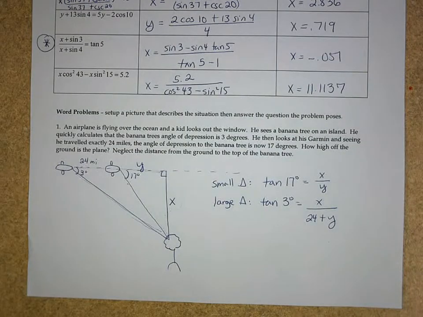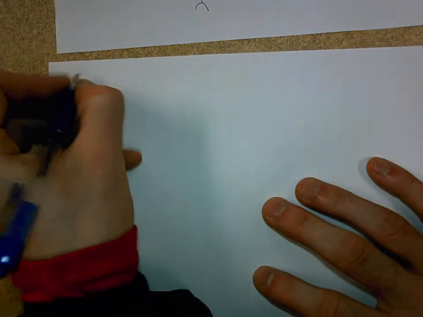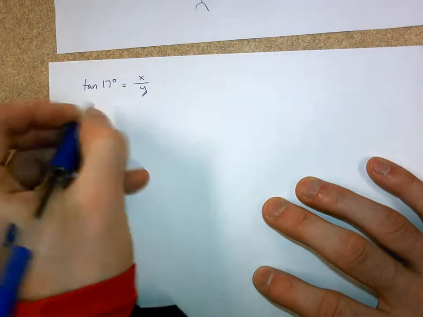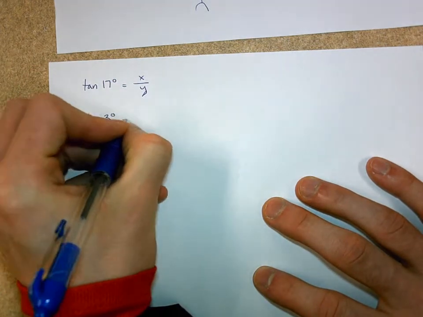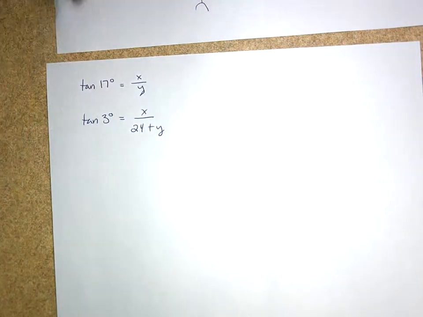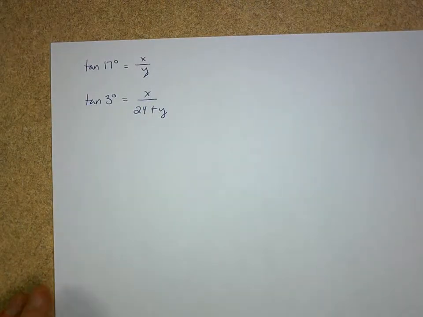So I've got a system of equations here that I've got to solve, and I want to find the exact value from the plane to the top of the tree. So tangent of 17 degrees equals x over y. Tangent of 3 degrees equals x over 24 plus y. And it'd be really nice if I can somehow combine these together. So let's just start solving.